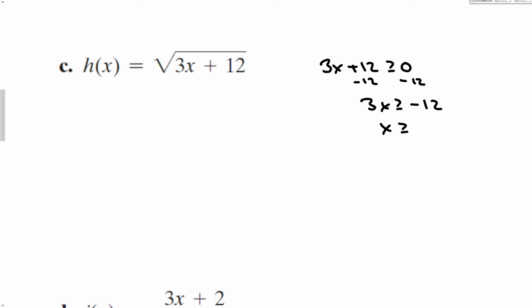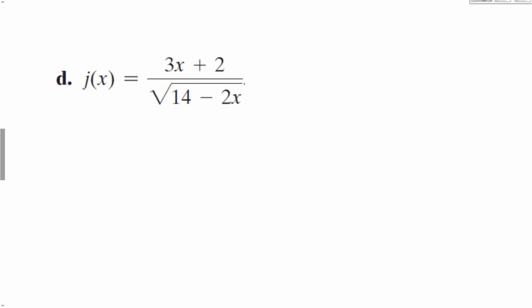So x is greater than or equal to negative 4. So the domain of h is all real numbers greater than or equal to negative 4. Using interval notation, I use a bracket because it says or equal to, and then to infinity.